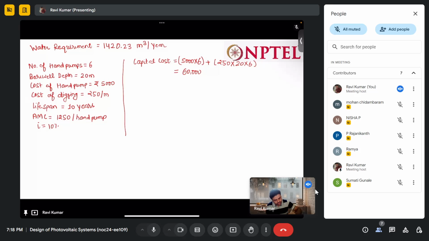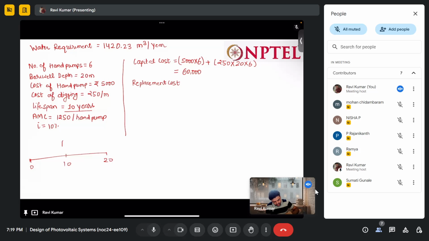Now we have replacement cost. The lifespan is 10 years, and we have to do this entire thing for 20 years. So it means there will be one replacement after 10 years. So it's like 20 years, 0, 20 and 10.